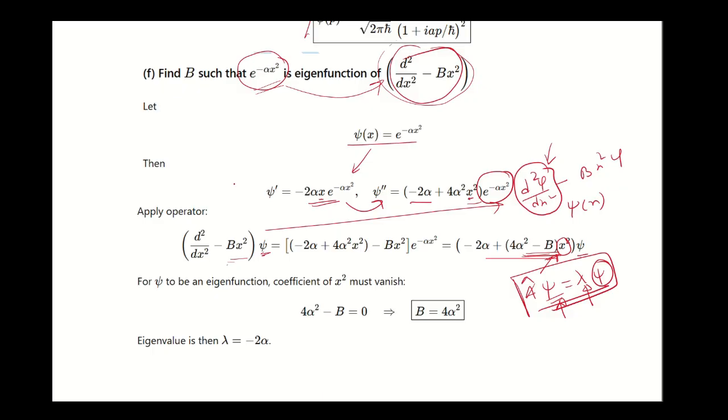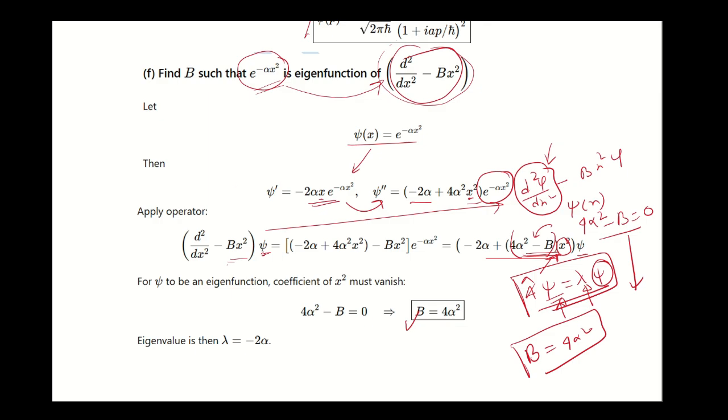To remove this term, the term 4 alpha squared minus b must be equal to 0. That means 4 alpha squared minus b is 0, and from here we get the b value. b is nothing but 4 alpha squared. This is the exact value of b.